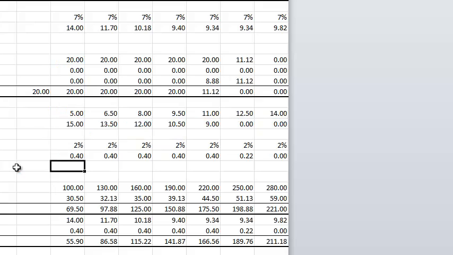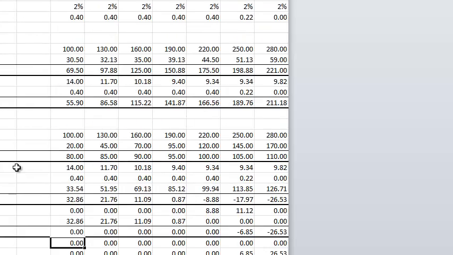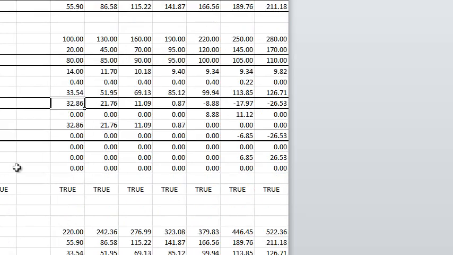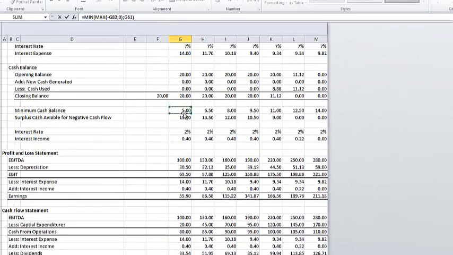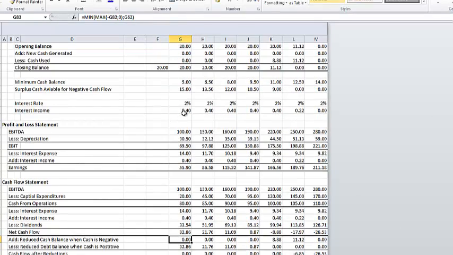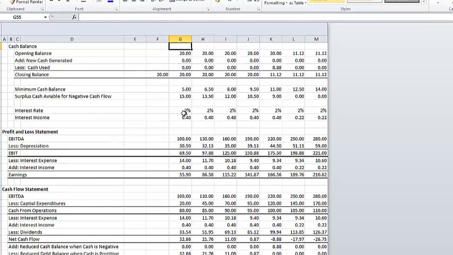Okay, and now let's just go down, and when we make our minimums a function with our maximum and minimum in the cash flow waterfall, we should use the amount we have available, and we shouldn't simply use the opening balance.